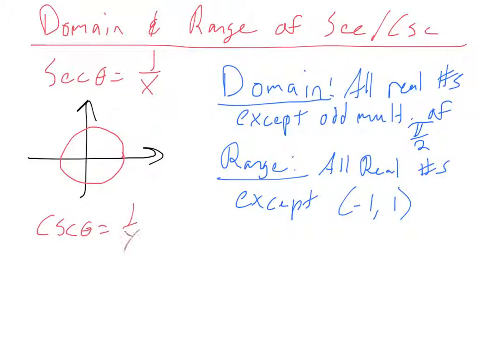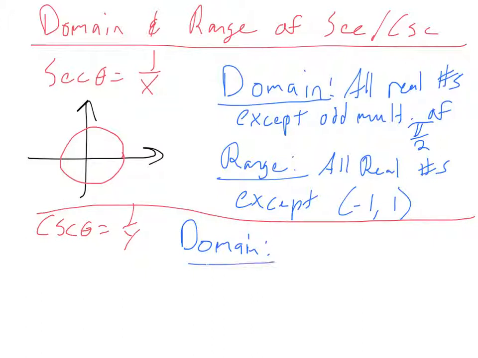It's 1 over y. The domain is going to be a little different just because it's 1 over y instead of 1 over x. That just means that the domain is going to be anything that's going to make y 0, which are multiples of pi. So all real numbers except multiples of pi.